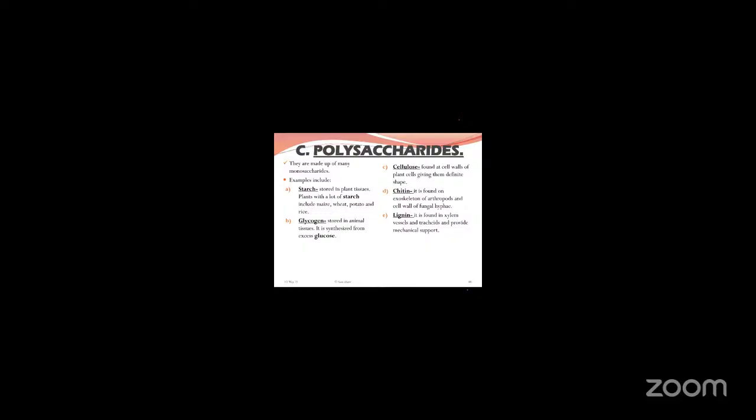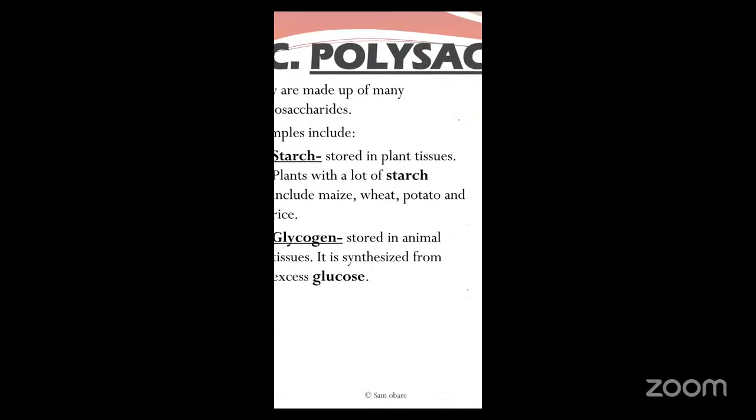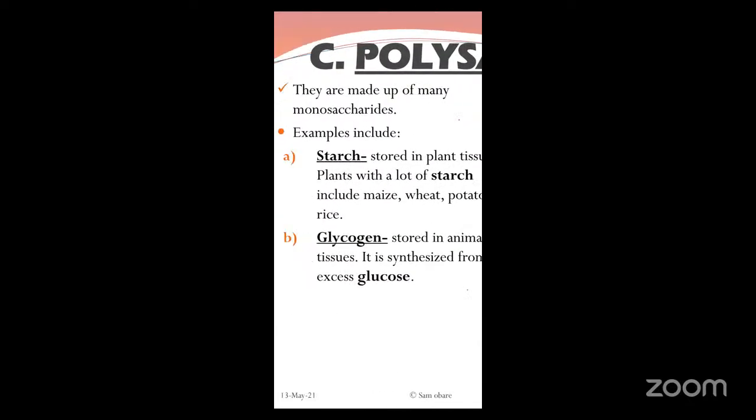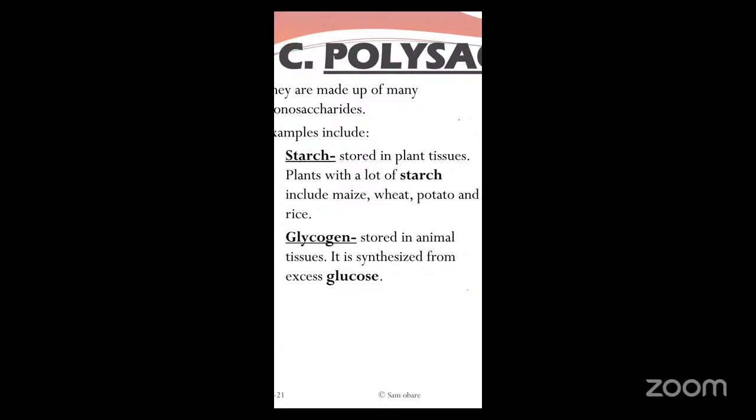What are the examples of polysaccharides? Examples of polysaccharides include, number one, starch, and starch is stored in plant tissues. So, every carbohydrate that we consume from plants is starch. A very good example is maize.